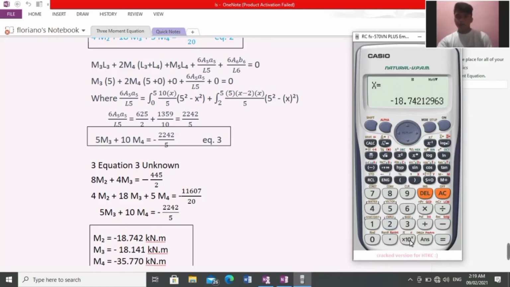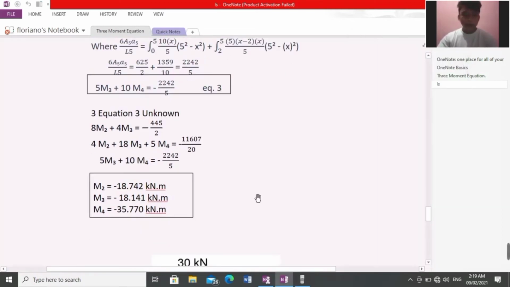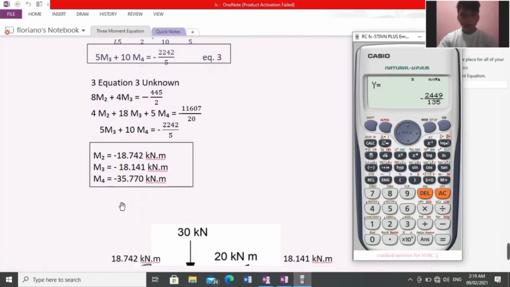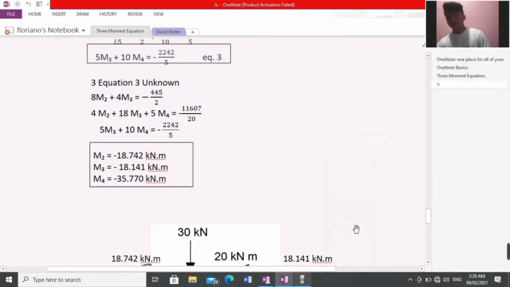So, ang M2 natin is negative 742. So, tama yung nakuha natin. And yung M3 is negative 18.141 kilonewton meter. And yung M4 is negative 35.770. So, tama yung nakuha natin.